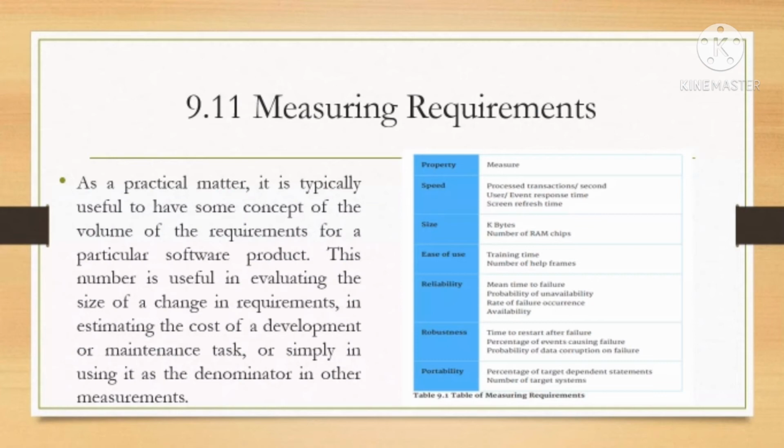Andyan yung property measure: speed, processes, transactions per second, user or event response time, screen refresh time; size, kbytes, number of RAM chips; ease of use, training time, number of help frames; reliability, mean time to failure, probability of unavailability, rate of failure occurrence, availability; robustness, time to restart after failure, percentage of events causing failure, probability of data corruption on failure; portability, percentage of target dependent statements, number of target systems.